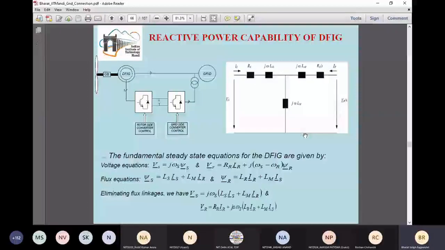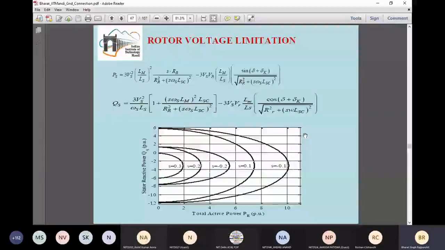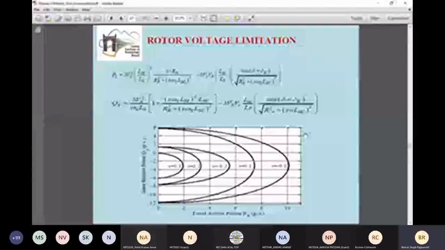The first limit we have considered is the rotor voltage limit. In this, the steady state model is rewritten in such a form that PS and QS, the active power and the reactive power of the DFIG, are written in this form, and this limit is considered.